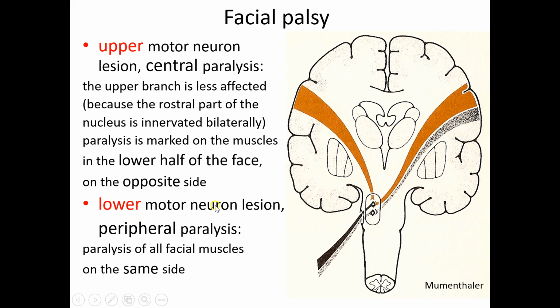While in case of lower motor neuron nucleus or peripheral nerve paralysis, paralysis of all facial muscles will be on the same side. In case of upper motor neurons, there will be paralysis affecting the contralateral lower side of the face.